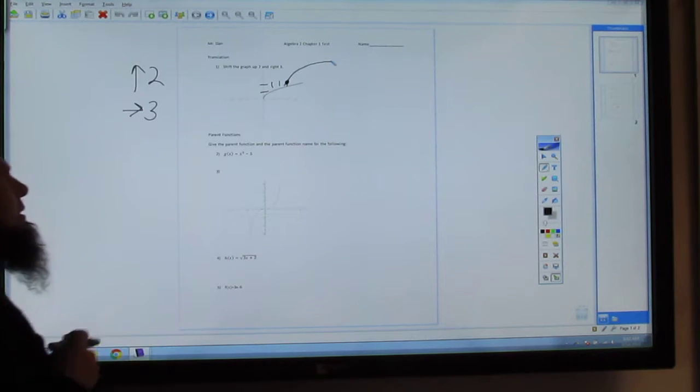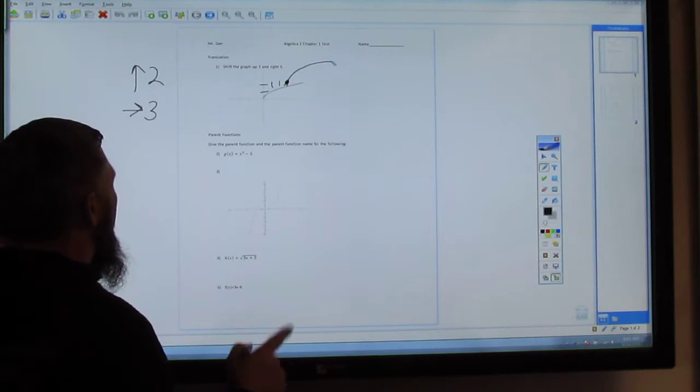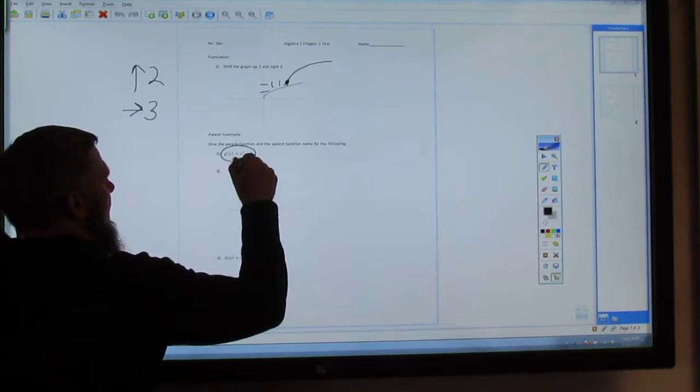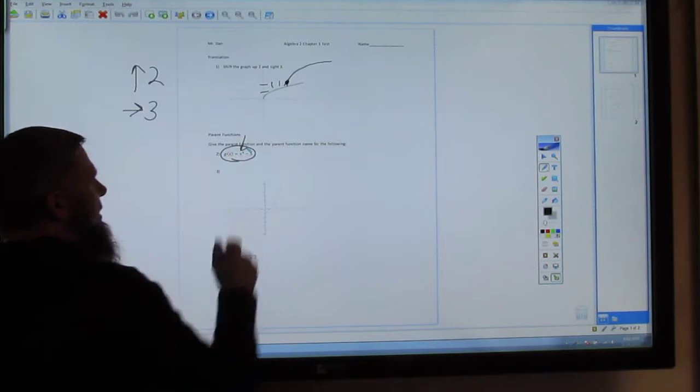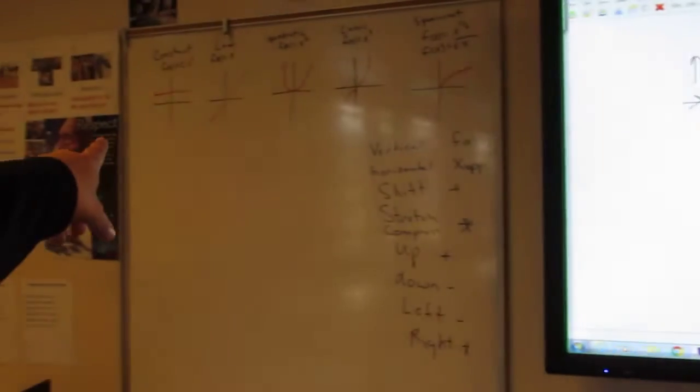Number 2. Okay? On the practice test, or the big quiz, or whatever you want to call it. Number 2 is I'm looking at this and I'm seeing that it's a square. Well, that brings me right back to the parent function.